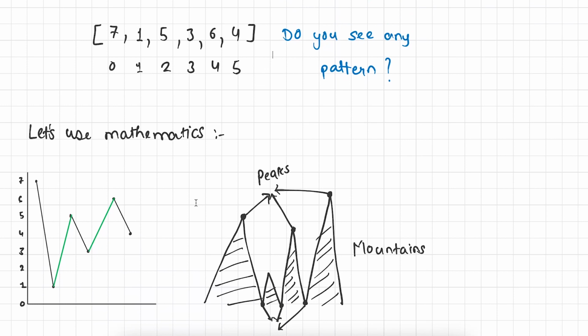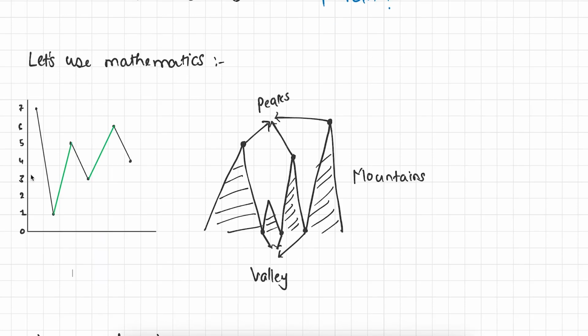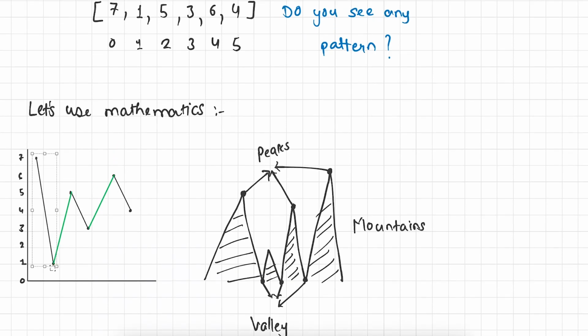So let's do one thing. Let's take all the data from here and plot it on the graph. After we plot all this data on the graph, we could see a graph like this. This is 7, 1, then 5, then 3, then 6 and 4. And all these are the prices of stock.